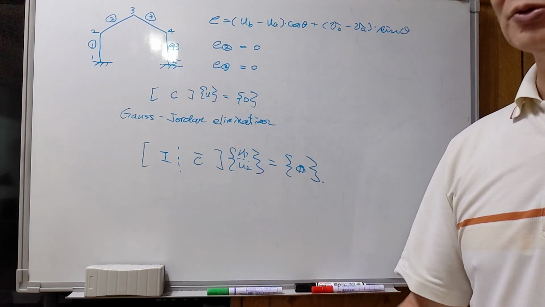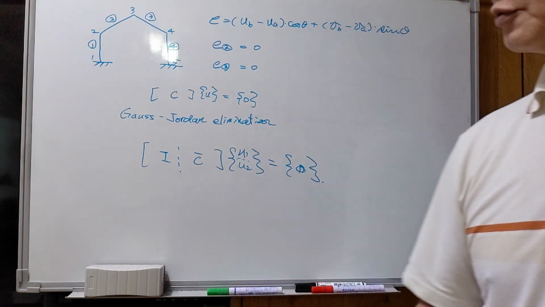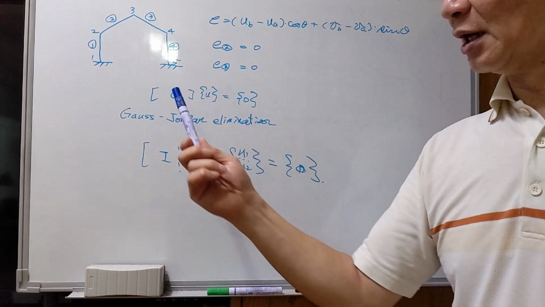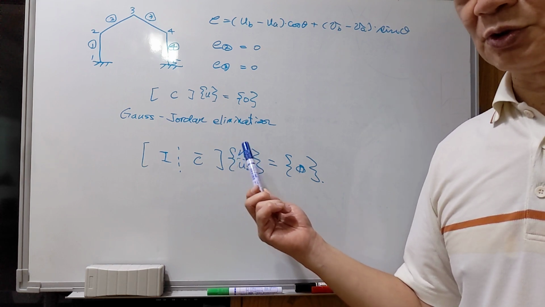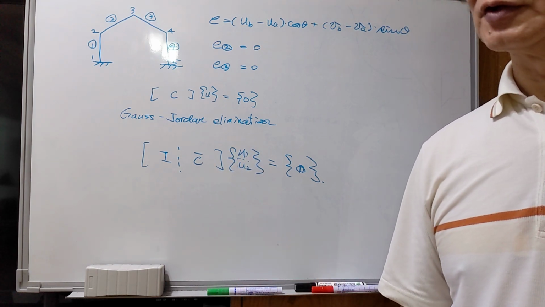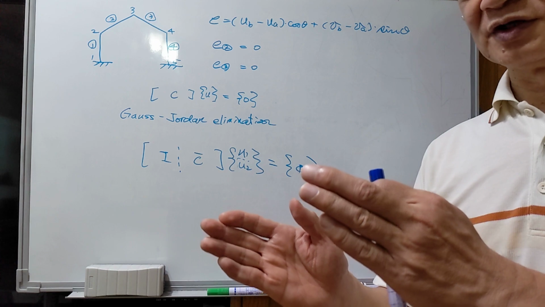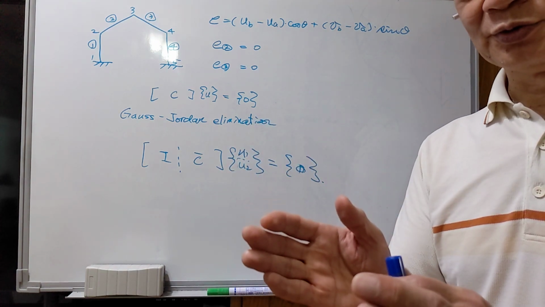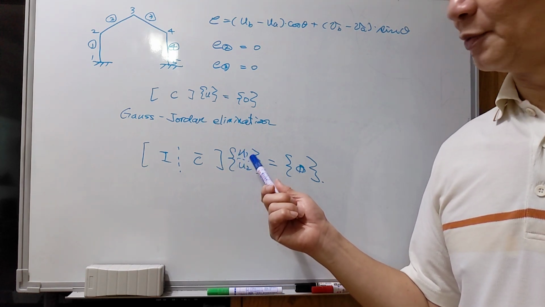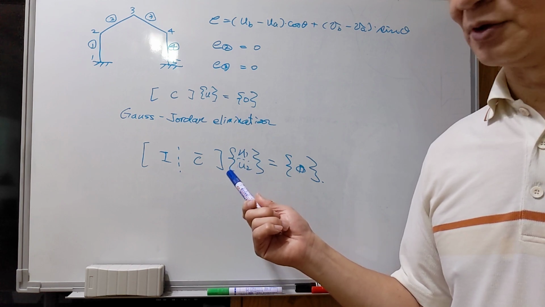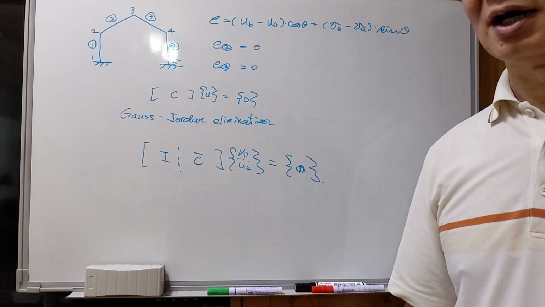And since we need to do the full pivoting when we do the Gauss-Jordan elimination method, the sequence of the nodal displacements could be changed. Since when you do the full pivoting, whenever you swap two columns, you need to do the corresponding swap in the nodal displacement vector, in order to keep the equations unchanged.